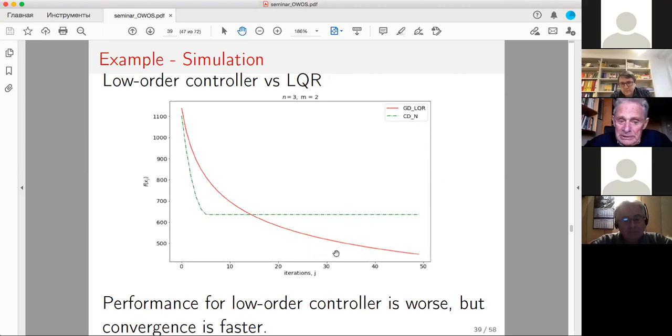And this red one is LQR. Of course, by using LQR, we have state variables available. So we can achieve better results for the function, but you see the convergence is faster when the number of gains is smaller.